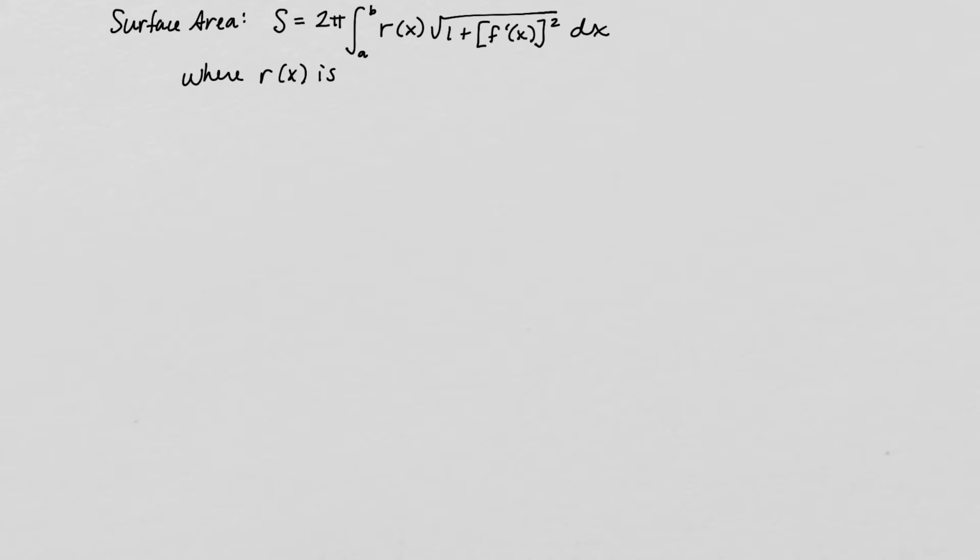The formula for surface area we're going to use is S equals 2 pi times the integral from a to b of r of x times the square root of 1 plus f prime of x squared dx, where r of x is the distance between the graph and the axis of rotation.